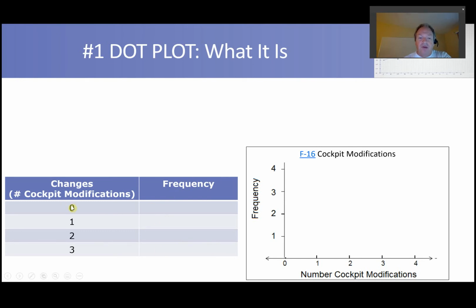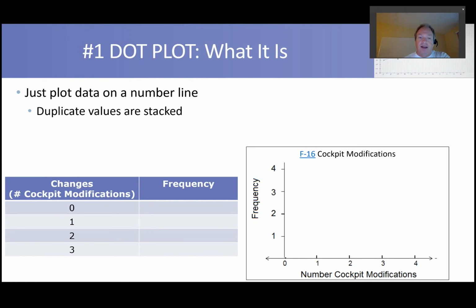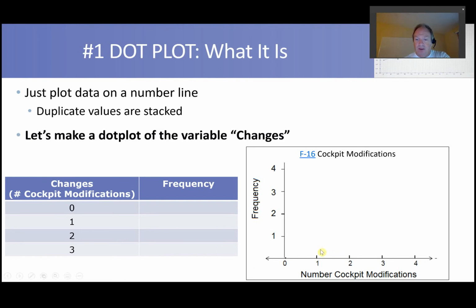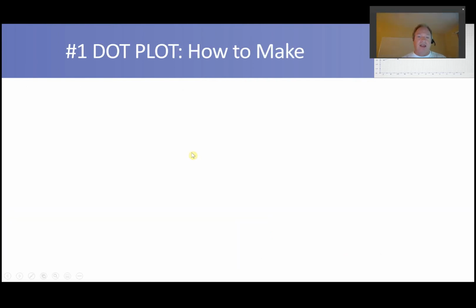So I'm going to count the number of years where I had 0 modifications, count the number of years where I had 1 modification, 2, and 3. Then we're just going to plot those values on a number line. I'm going to take each year and make it a dot. This is going to give us what we call a dot plot. First, let's see how to do this in StatCrunch, and then we'll see how it actually looks.